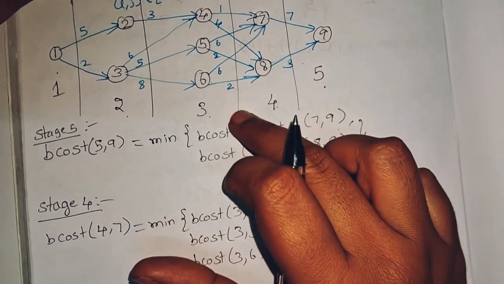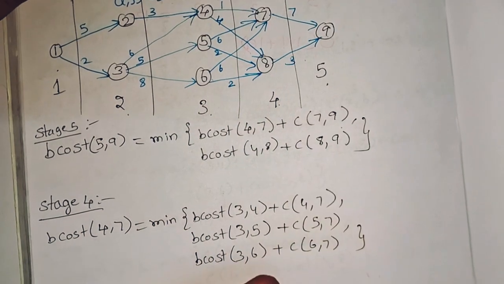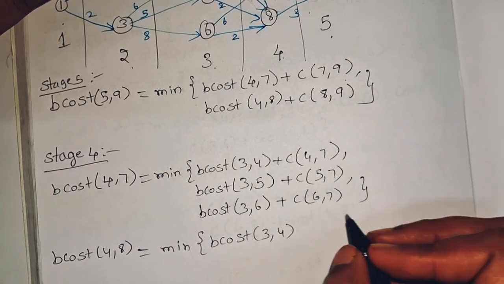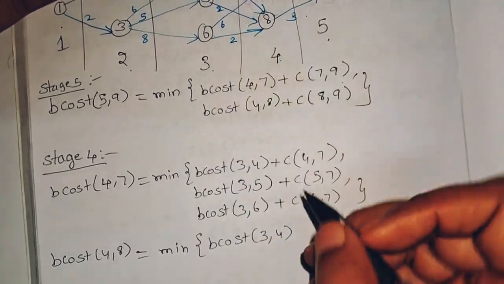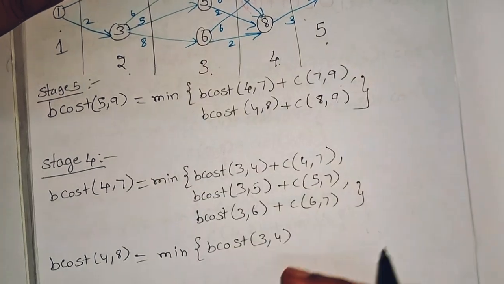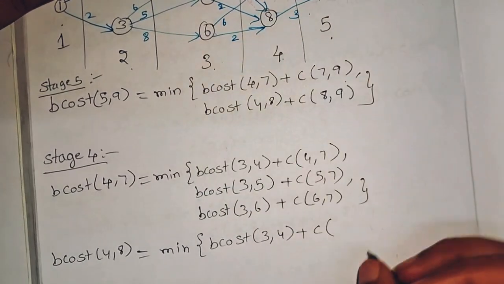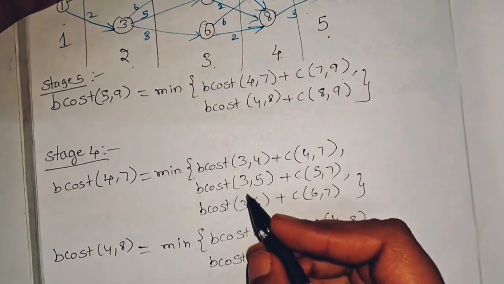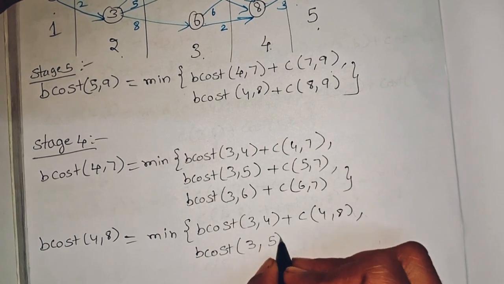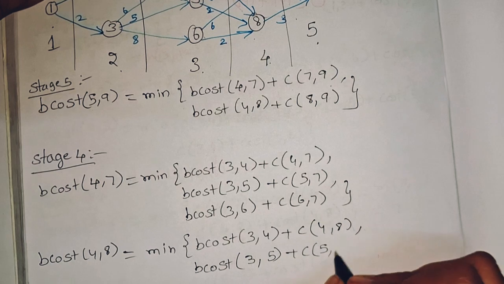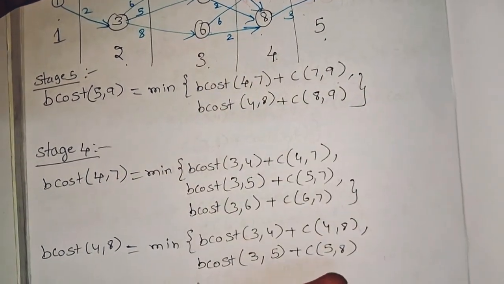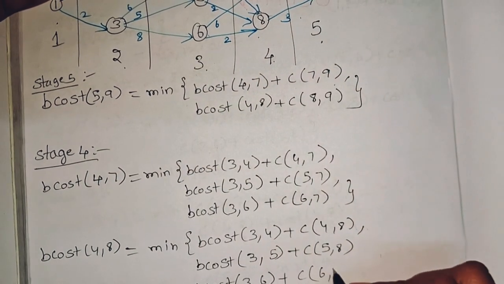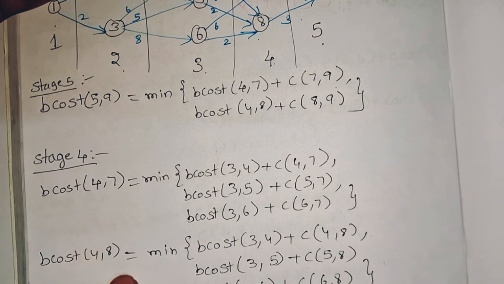Node 8 is connected to 3 nodes, 4, 5 and 6 at stage 3. So the minimum of b cost of 3 comma 4 plus c of 4 comma 8, then b cost of 3 comma 5 plus c of 5 comma 8, and the next node connected to 8 is 6, so b cost of 3 comma 6 plus c of 6 comma 8. In this manner we will write the backward cost of each node at every stage.